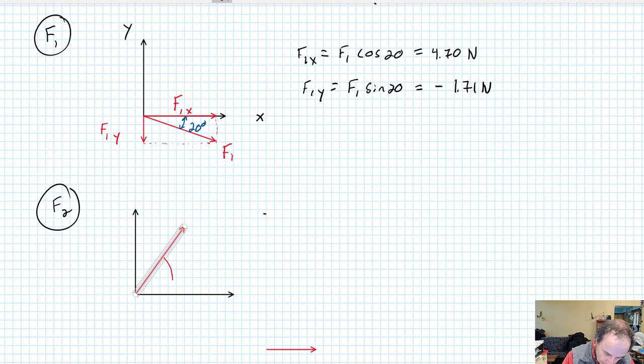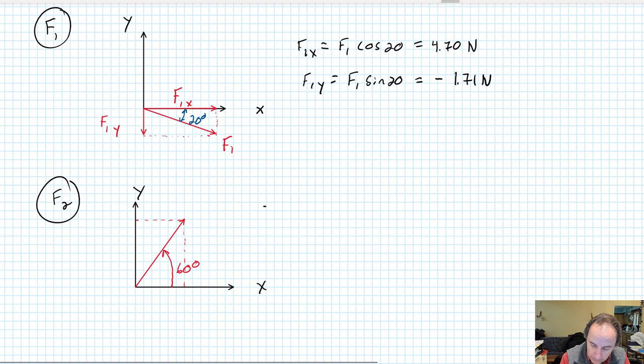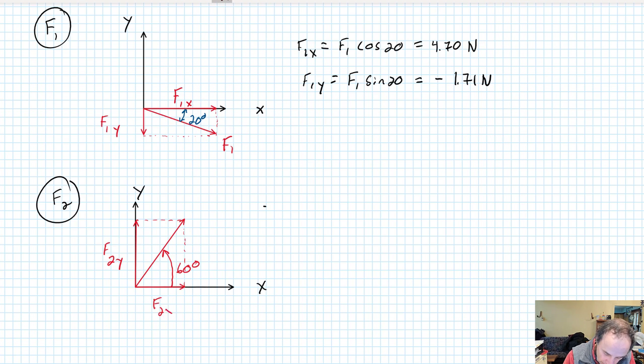If we do our dotted lines to guide the eye to the components. Reminder, this is our x direction, this is our y direction. So we've got here F2 in the y direction, and here we have F2 in the x direction.